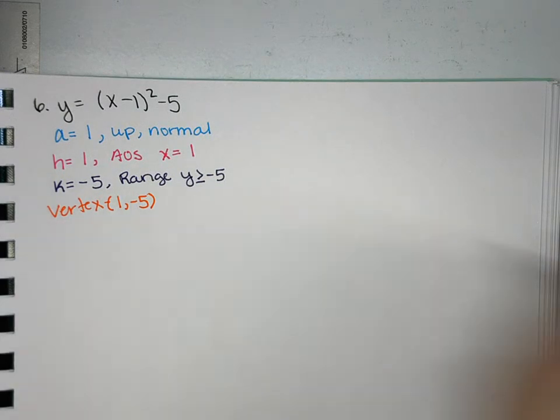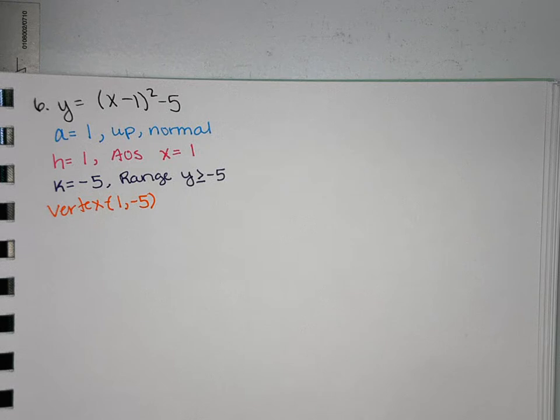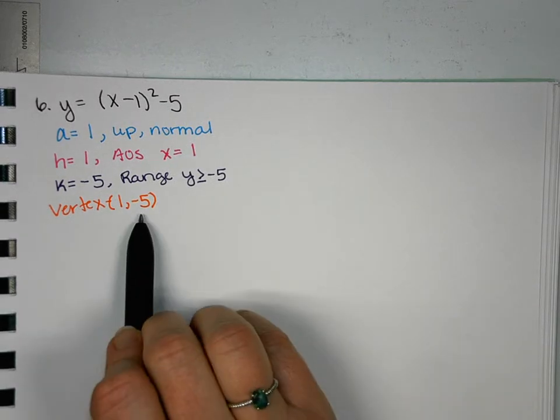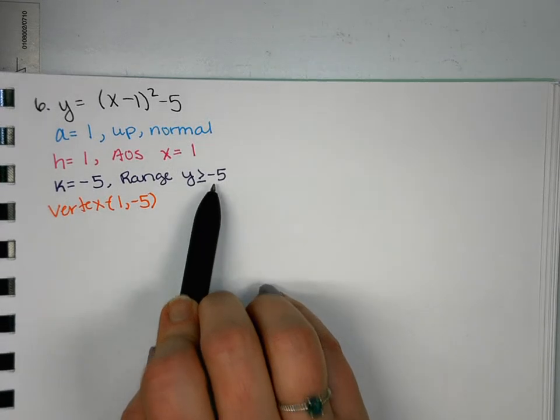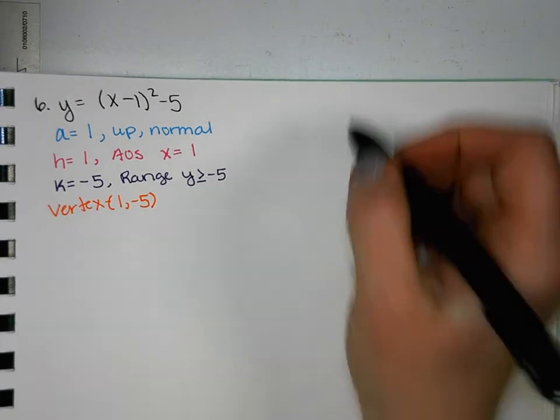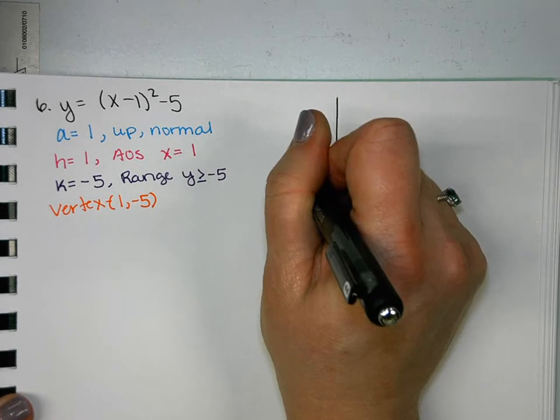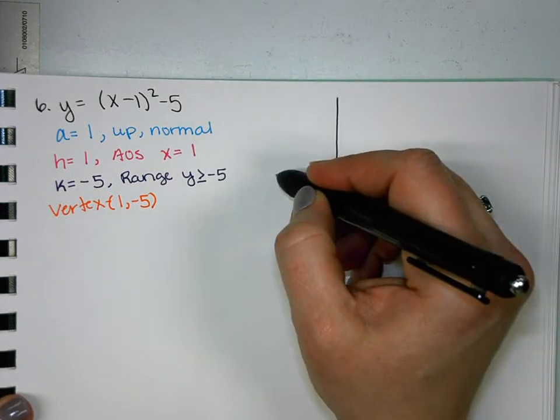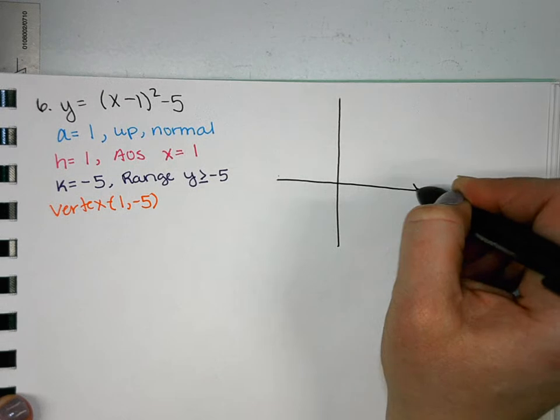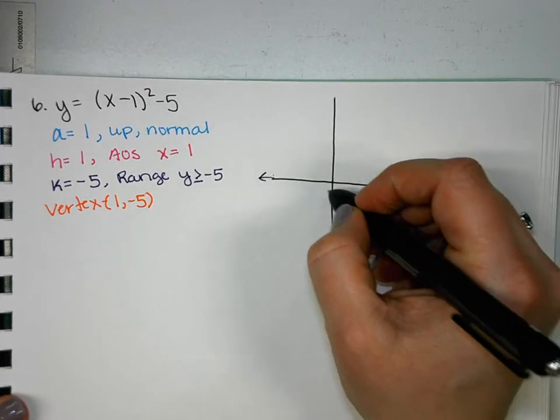So do I have to do negatives on this one? Yep, because my vertex is negative. But I really don't have to go much lower than -5 because that's the lowest part of my range. So when I go to do my graph, I'll make sure I do -5. One, 2, 3, 4, 5.